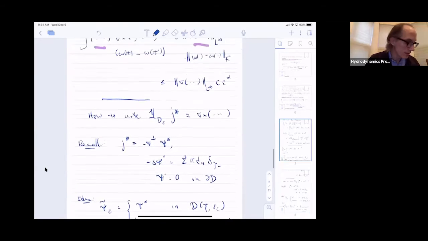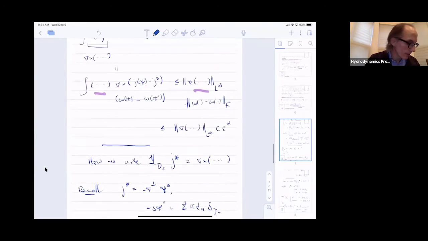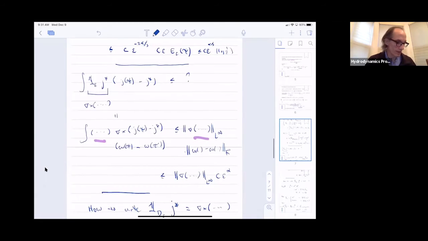Okay, so again, one thing we can see is that the gradient here, the thing I'm estimating, by construction, is really this J star. This again is the alpha norm of J star, which is of order epsilon to the minus 2/3 alpha. And so this whole thing will be epsilon to the alpha over 3.